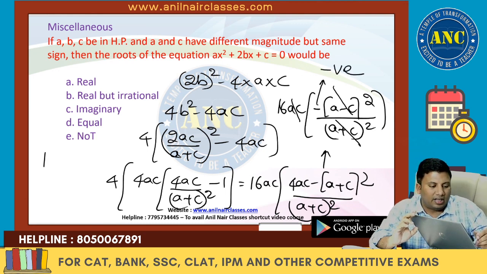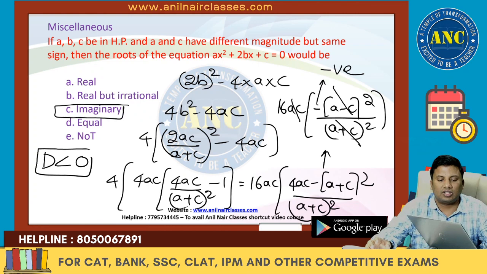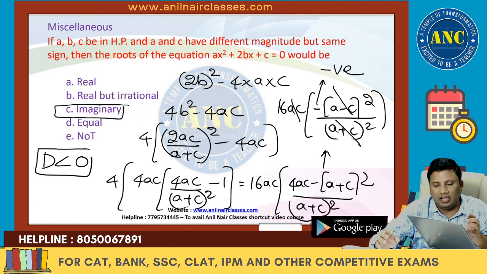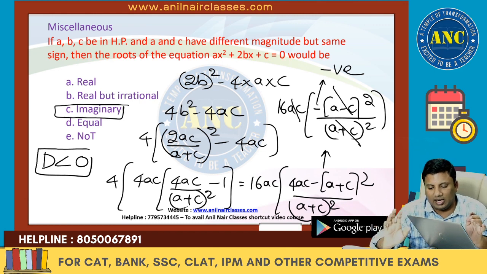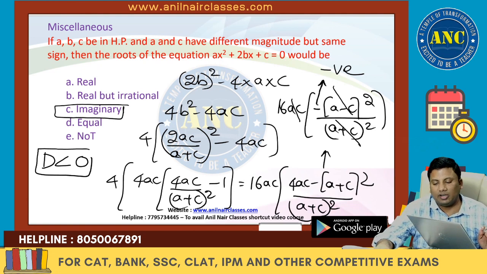So, if negative is there, D is less than 0, discriminant is less than 0, that means the roots are imaginary. Is anywhere it mentioned that a and c are equal? No. So, D is less than 0. Here there is a negative sign, negative into positive.